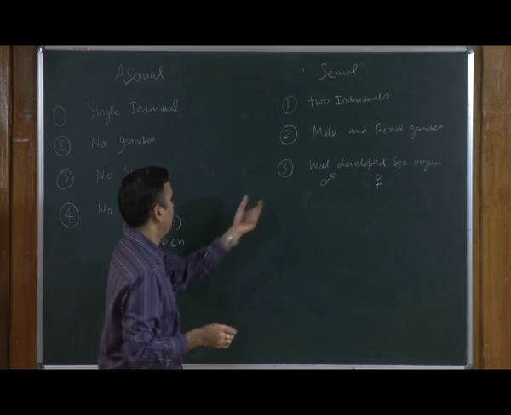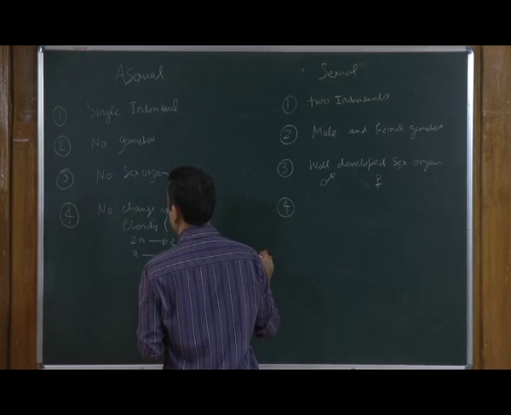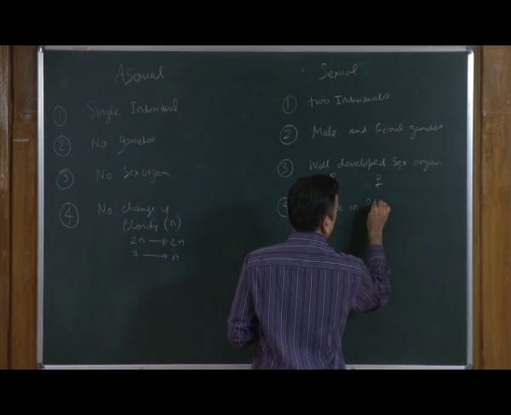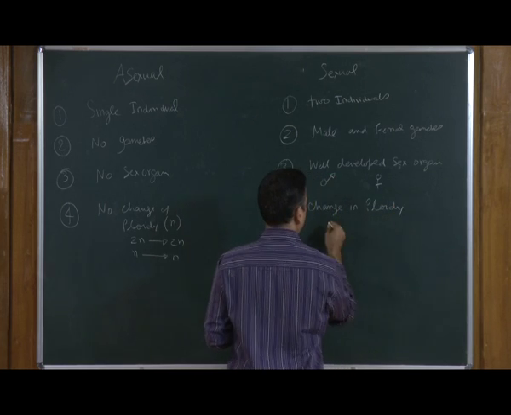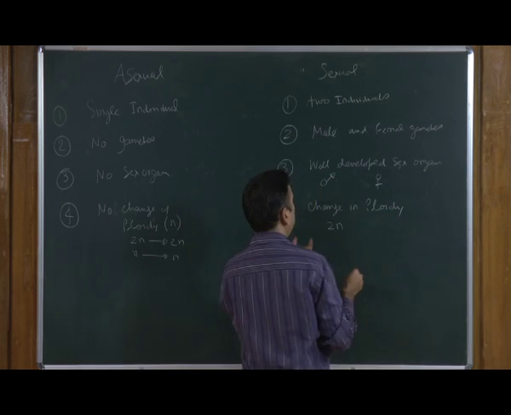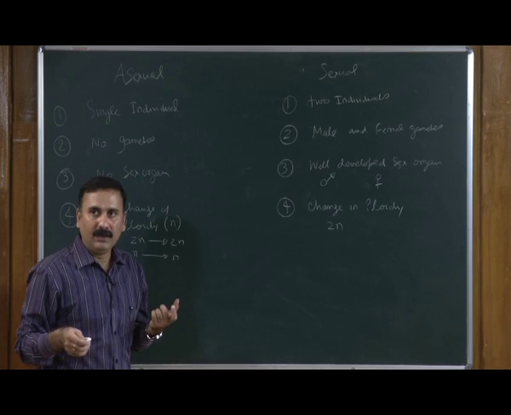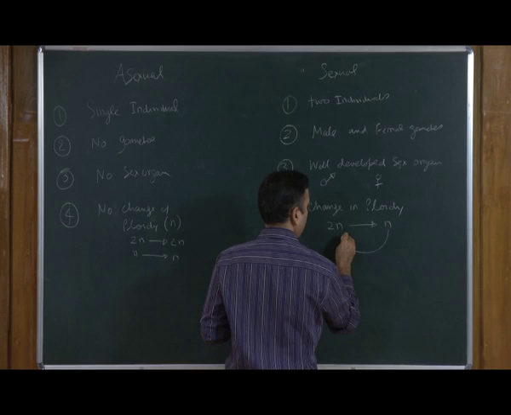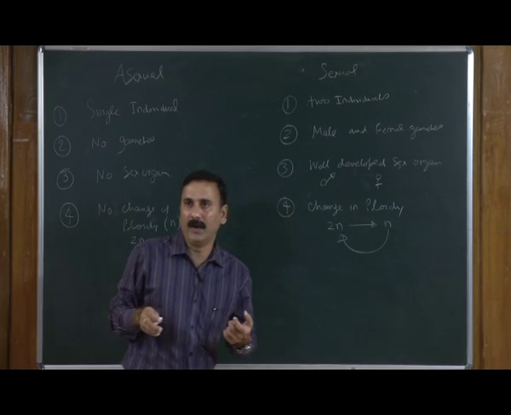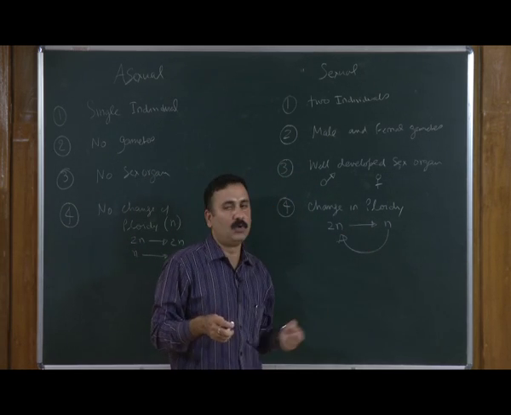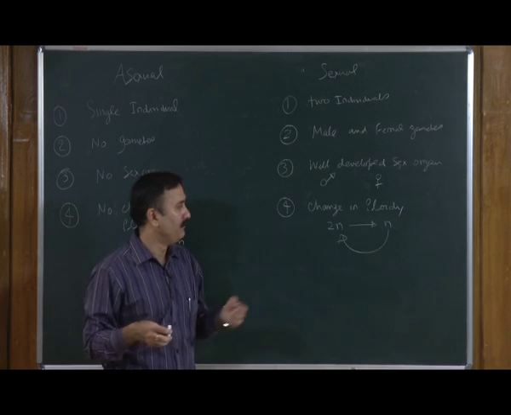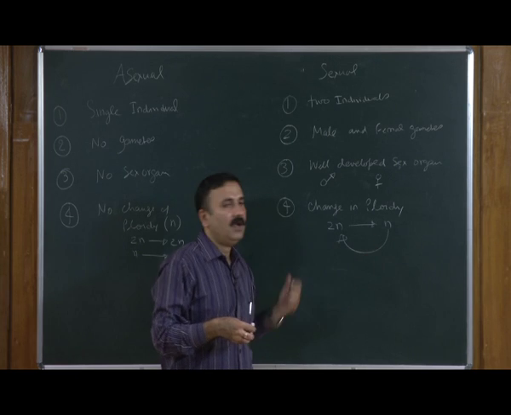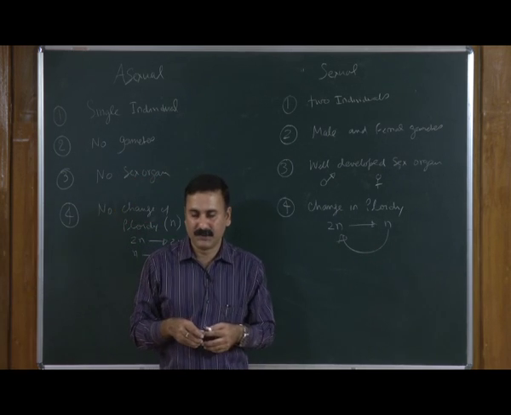Whereas in this case there is going to be a change in ploidy: the adults are always 2n, and that will change into n, and that is how it reverts back to become 2n. That is why this event is called alternation of generations, where the 2n generation forms an n generation and these n generations combine back to form the 2n generations.